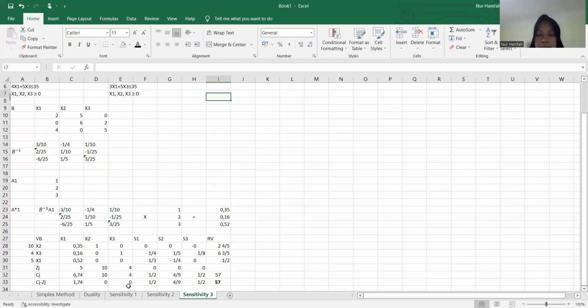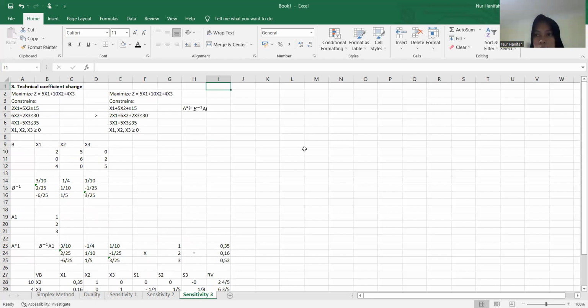So that's all the explanation of our example problem of linear programming with the simplex method, duality, and sensitivity.